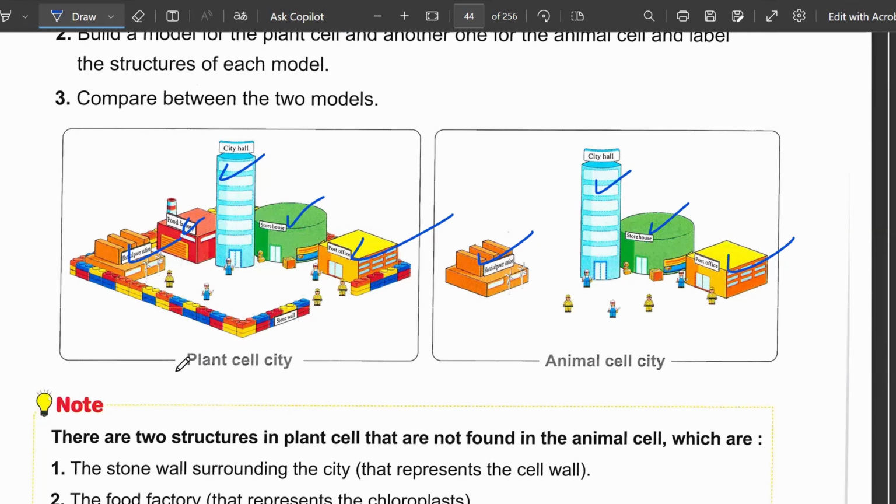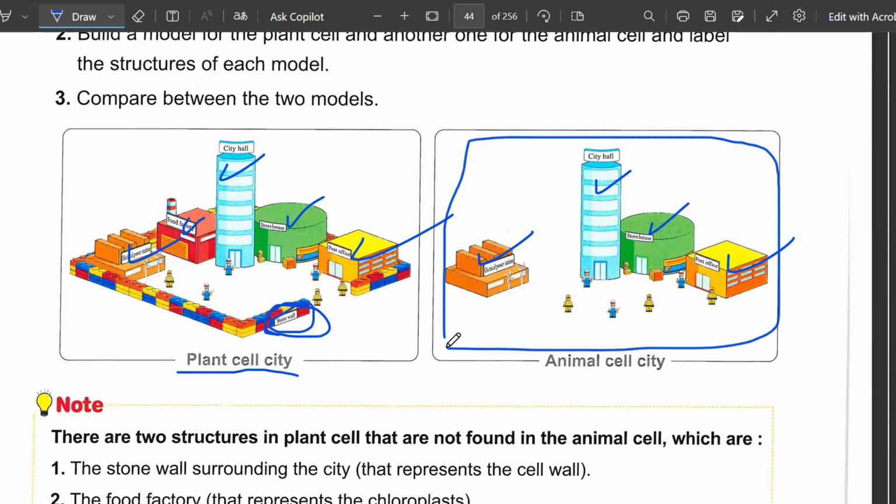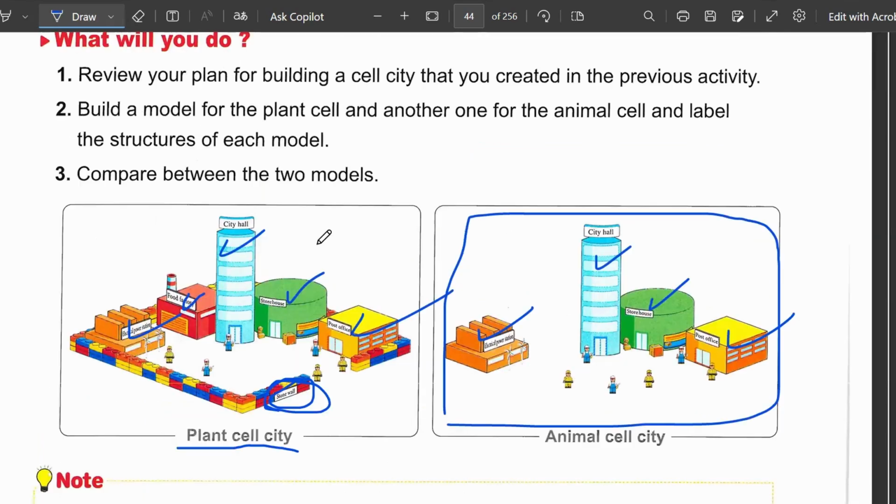So this figure is the plant cell city. Okay, and the plant cell has a cell wall. Plant cell only has cell wall, while animal cell doesn't have a cell wall. And so this is the difference between plant cell and animal cell, or plant cell city and animal cell city.